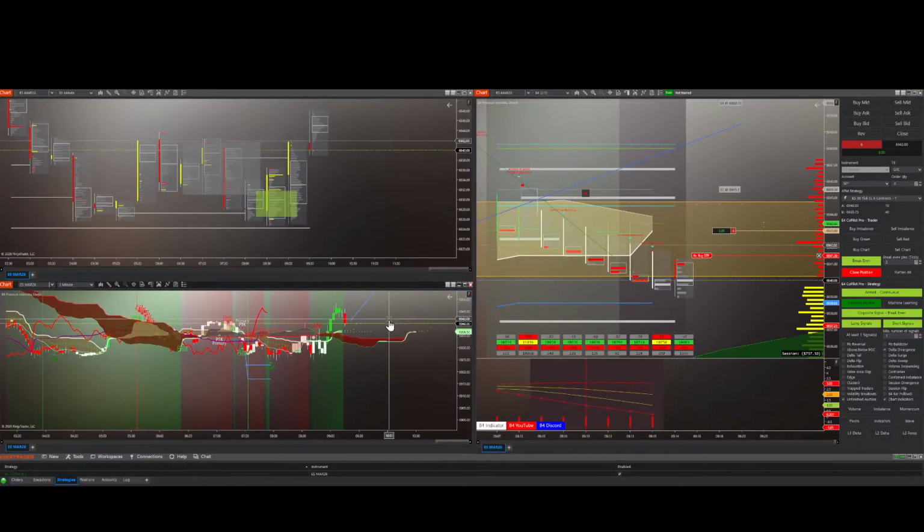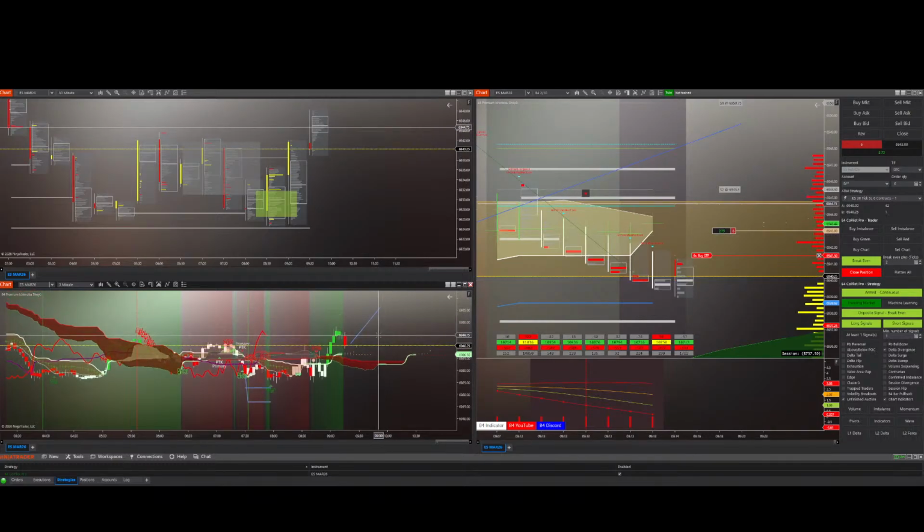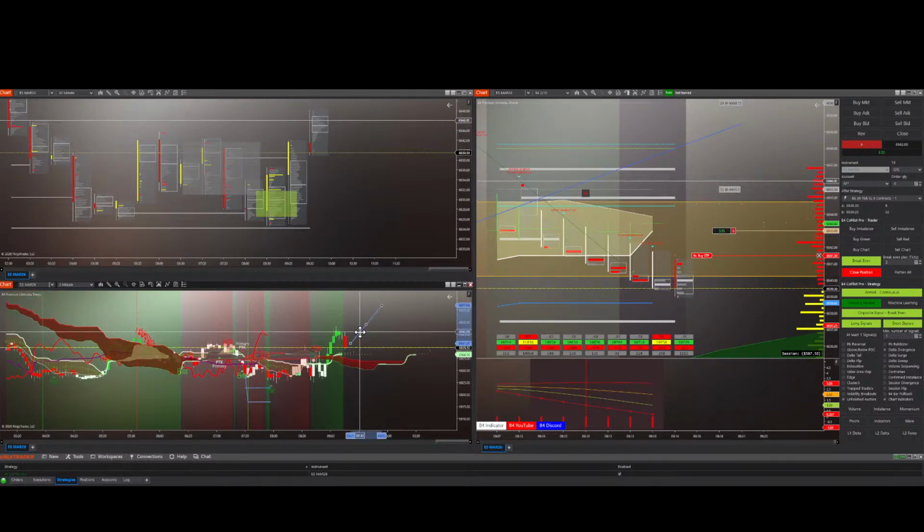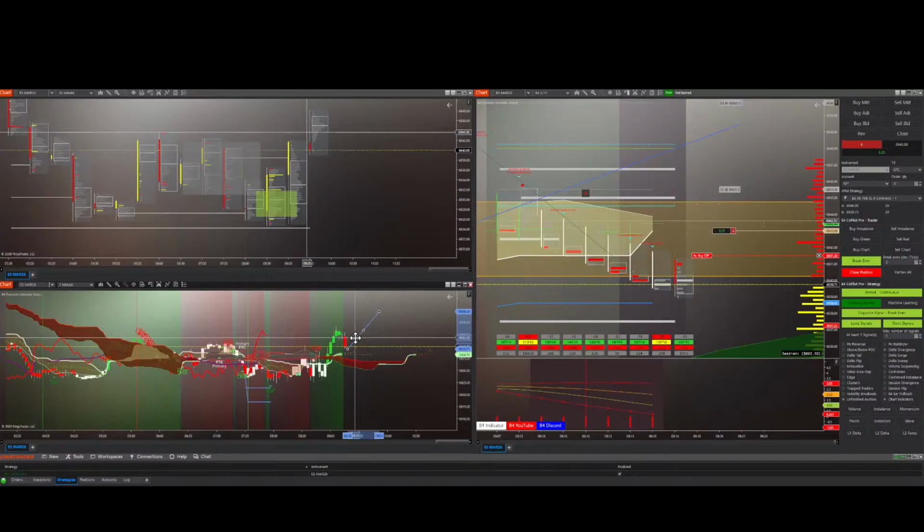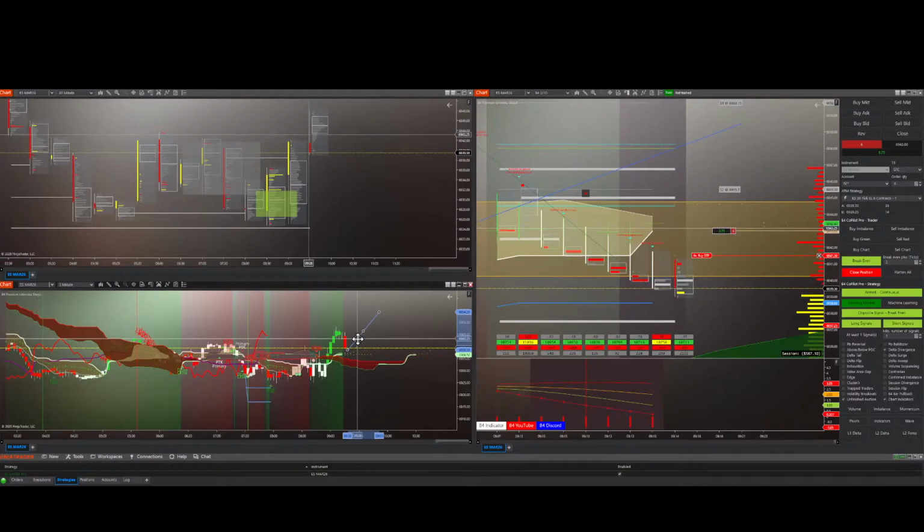Okay, so this makes sense now. If it's going to continue, maybe another candle.